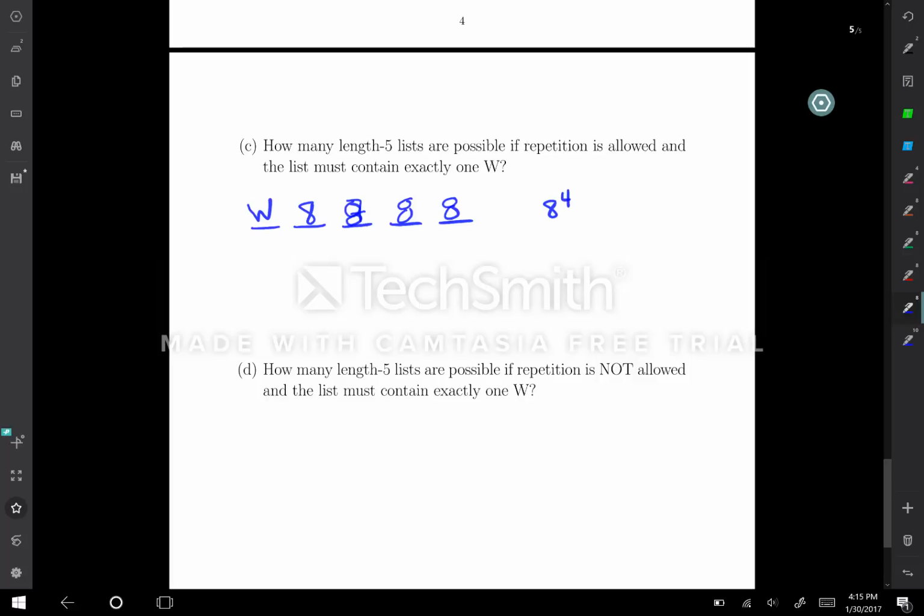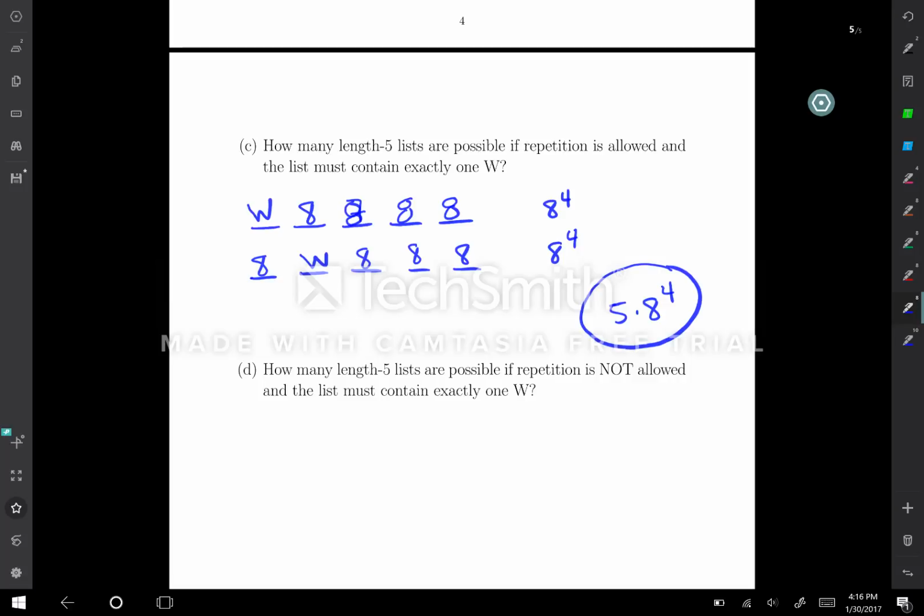But that's not the only place we could have a W. Maybe the W is in the second spot, in which case that leaves us with 8 possibilities for all of the other slots. So again, 8 to the 4th. Where else could the W go? It could be in the 3rd, the 4th, or the 5th slot. So in total, we would have 5 times 8 to the 4th possibilities for our length 5 lists in this case.